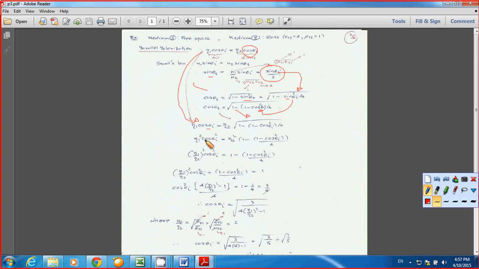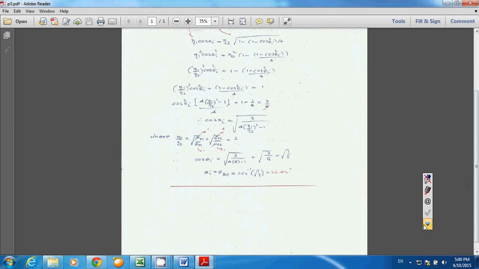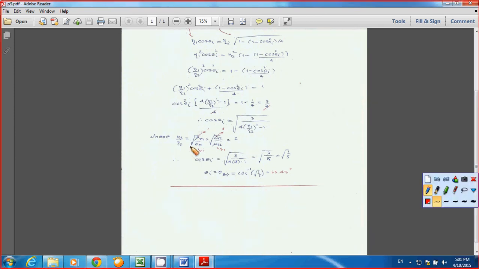Then you square both sides of the equation, and this is just simple math you can work out by yourself. And finally I have cosine theta I equal to square root of 1 over 5, and you can find theta I, which is the Brewster angle, to be arccosine of square root of 1 over 5, which gives you 63.49 degrees.